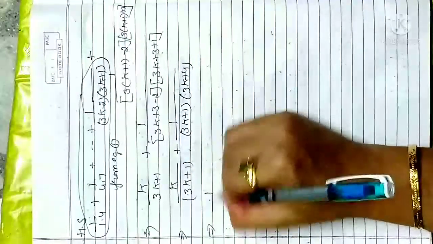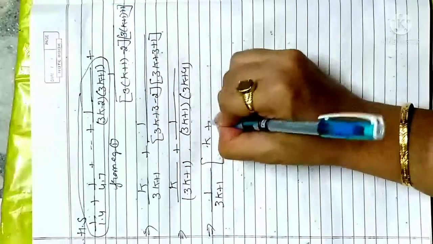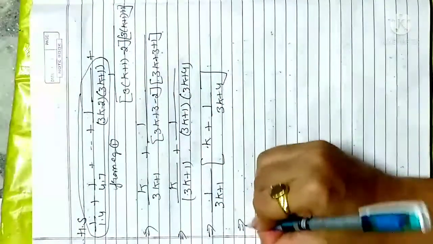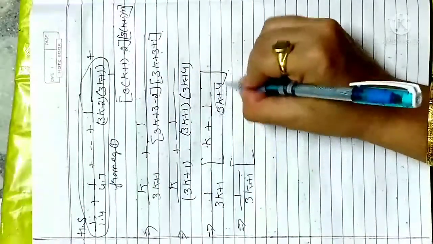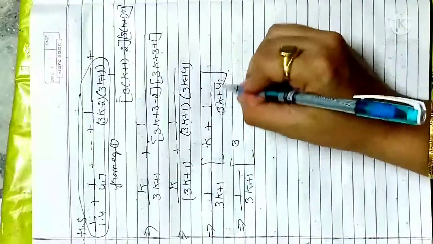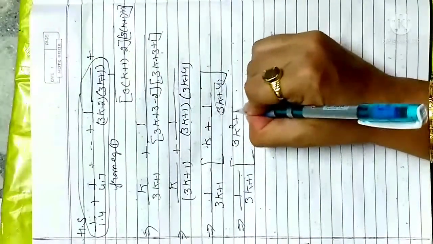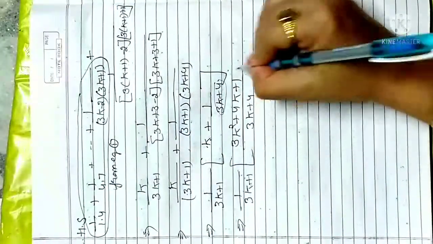So if I take 3k plus 1 common, what is left inside? K plus 1 by 3k plus 4. Now I take the LCM, 3k plus 1. So when I multiply this by this, 3k plus 4 by k, it gives 3k square plus 4k plus 1, and the LCM is 3k plus 4.